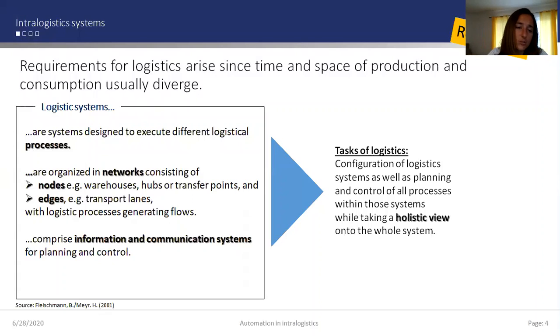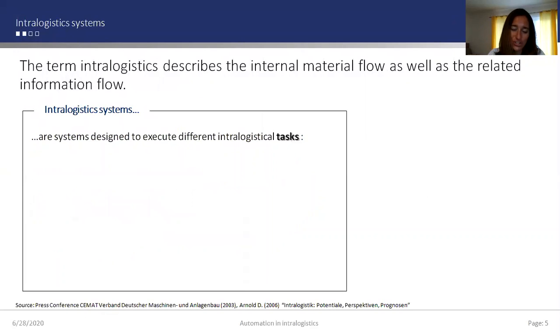Very important is always to remember that logistics tries to keep a holistic view onto a whole system. And if we have a look at intralogistics, which is quite a new term, it was invented in 2003 during a conference at a German fair.